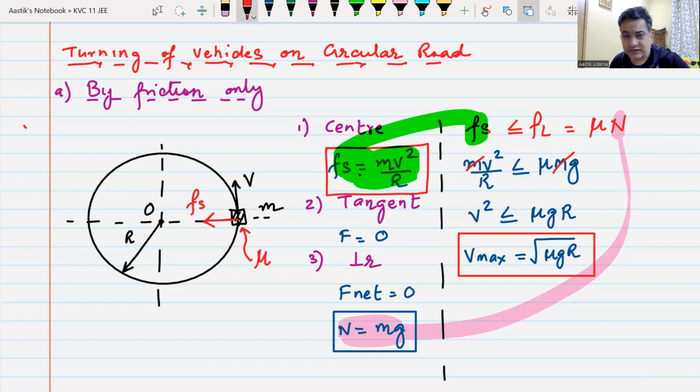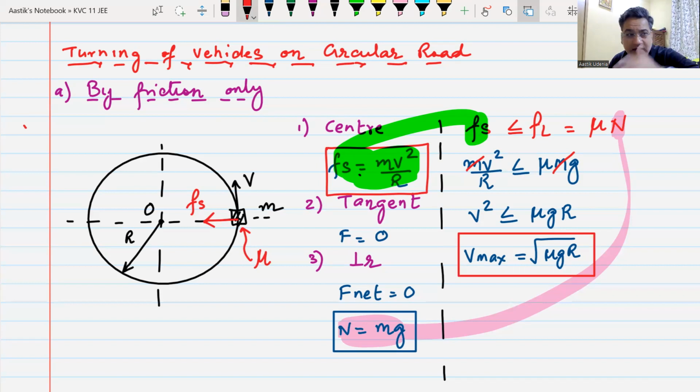if it is raining outside, the value of mu will become less because of water between road and the tire. And therefore, if you are moving faster and you try to turn, the car will not be able to turn, the car will skid and crash. And that is why most accidents happen on turns.